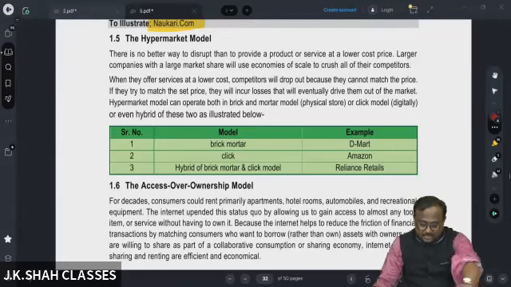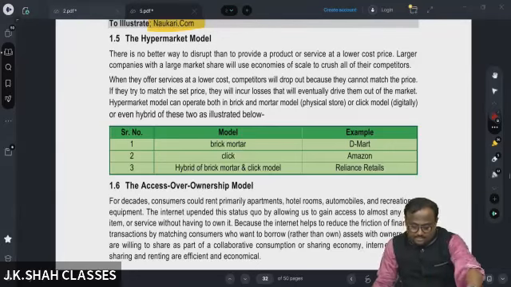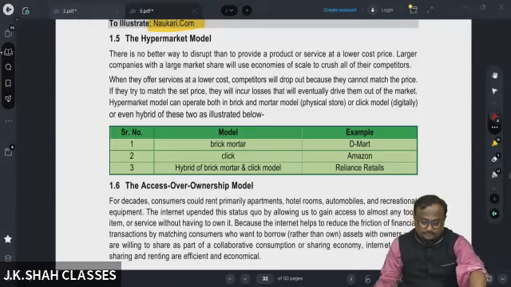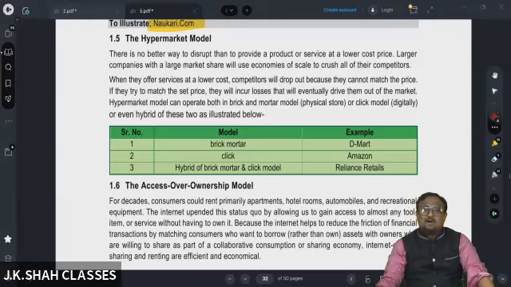So next important part is hypermarket model. Hypermarket model is buying wholesale at a lower price, selling it at a reasonably lesser market price so that you can have a competitive edge. Yes, DMart can be considered.